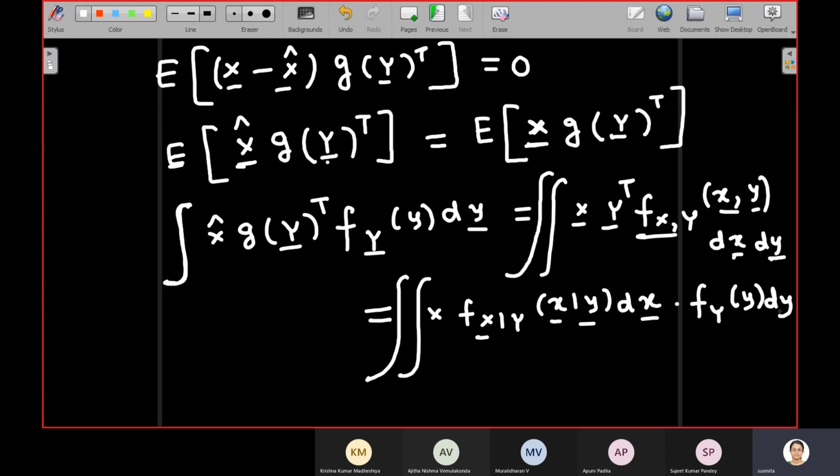Now just compare the two expressions. Here also we have f of y dy, here also we have f of y dy for the outer integration. And this condition holds for any y. We did not apply any specific constraint on y. We just took any y, right? So this has to be true for any y, correct? And I missed that g. This is g.